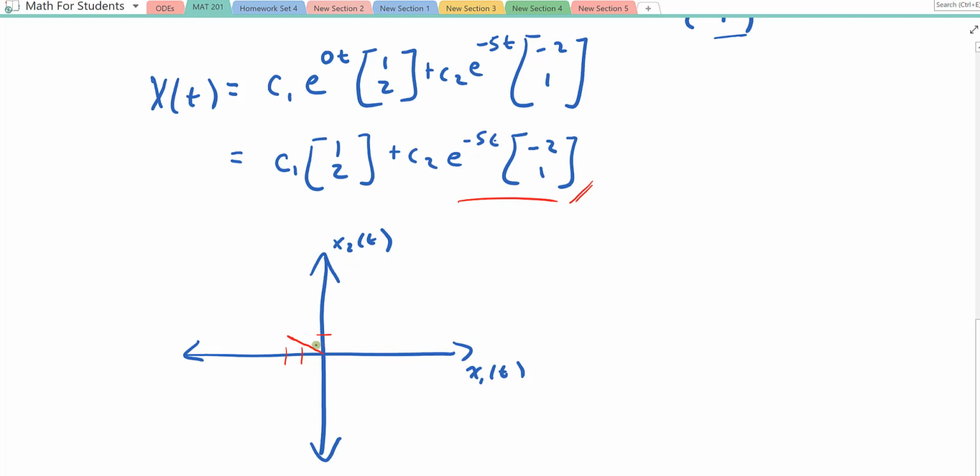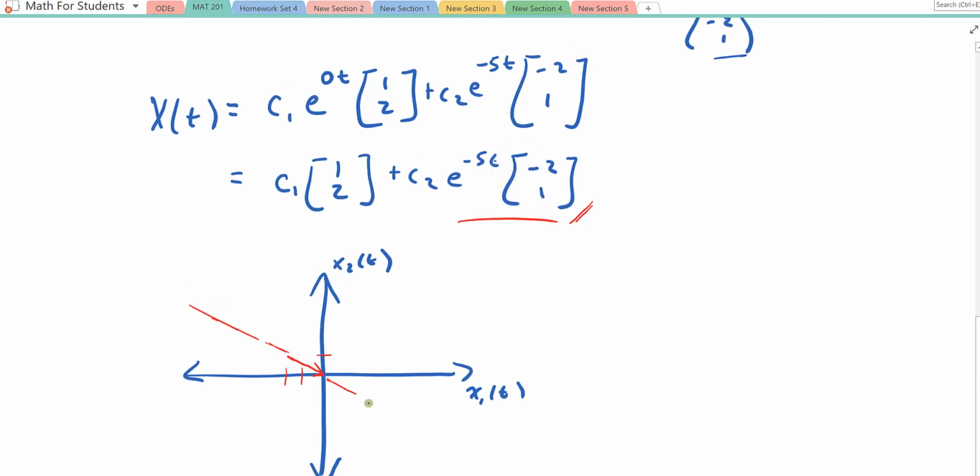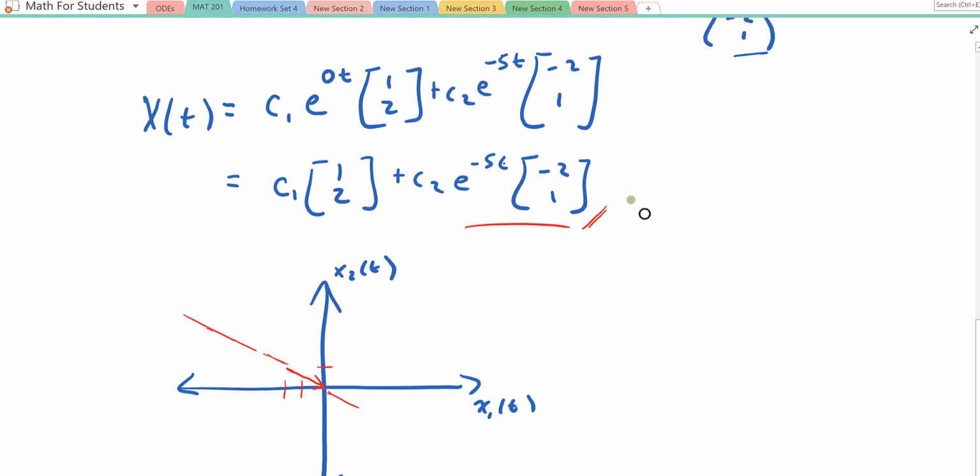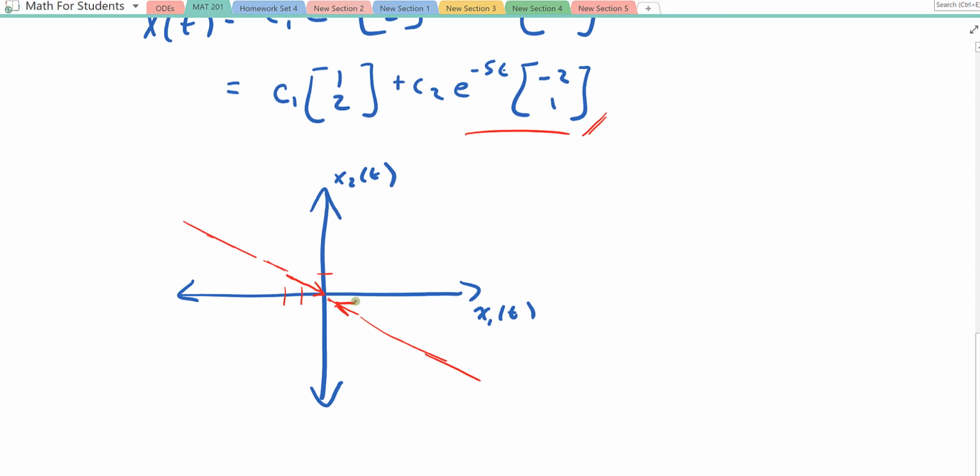It's got a negative eigenvalue, so I'm going to put a directional arrow pointing inwards like this, and we can go ahead and extend this eigenvector span, or if you like, the eigenspace through this plane with the arrows pointing inwards because of that negative eigenvalue. That is, if we only had this expression right here, because this C1 happened to be 0, then we would expect this to tend towards 0 as t gets large because of that negative eigenvalue.